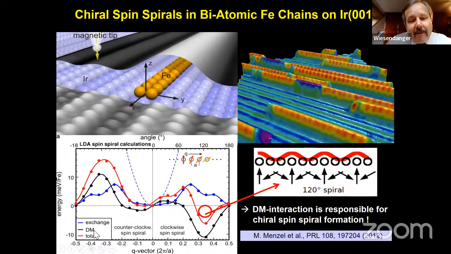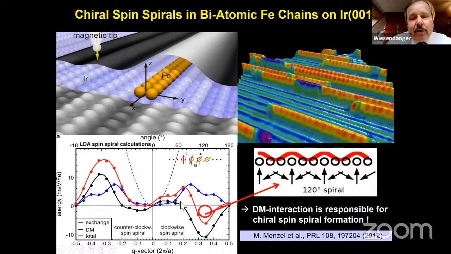However, with Dzyaloshinskii-Moriya interaction present, and you can see from these ab initio calculations that we have a quite dramatic size of the DMI, it's even larger than the conventional Heisenberg exchange, which is amazing. So it has a deep minimum at a Q vector which exactly equals the 3-atom periodicity in real space. And it gives us this deep minimum also in the total energy curve.